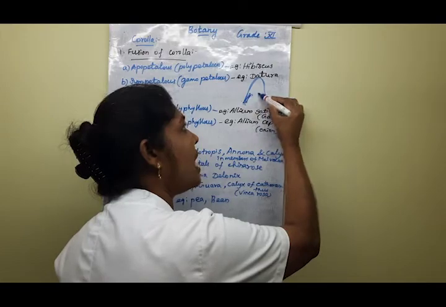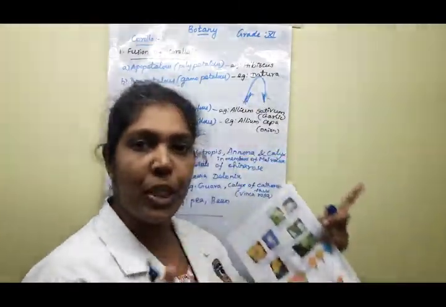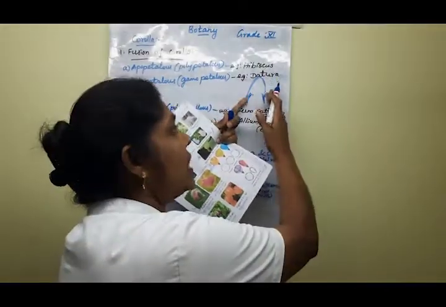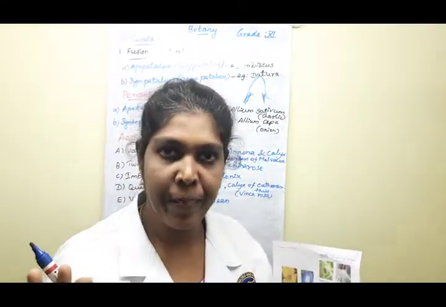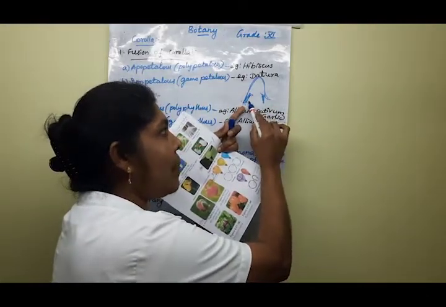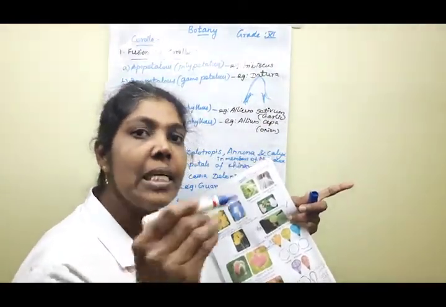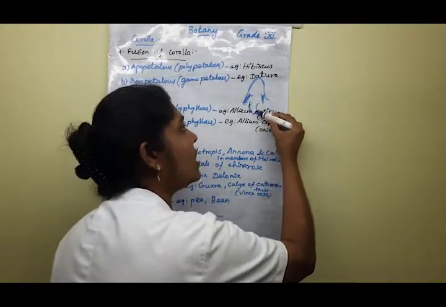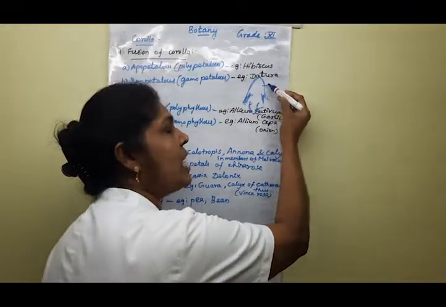Lateral means here there is one and here there is one. This large posterior petal or tepal, clear? It overlaps the lateral sepals or petals. The lateral ones, at one end, cover or overlap the anterior sepal or petal. This is the anterior position, and this is the posterior position.